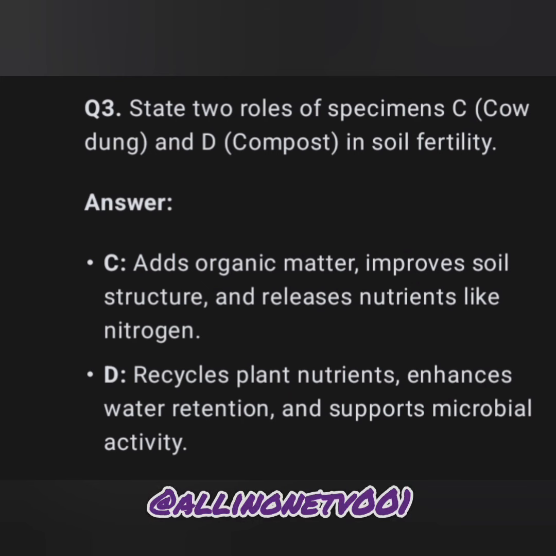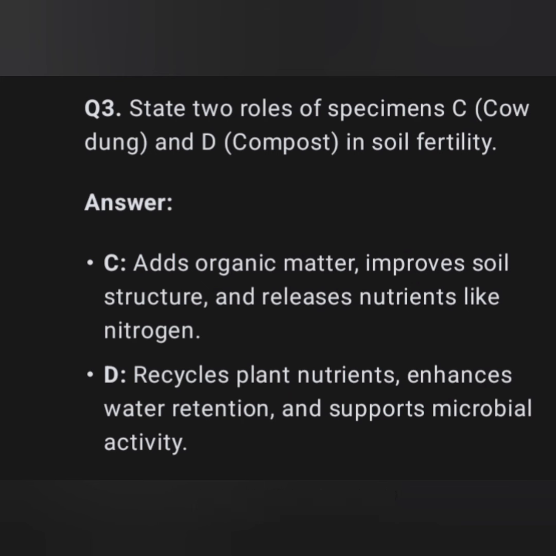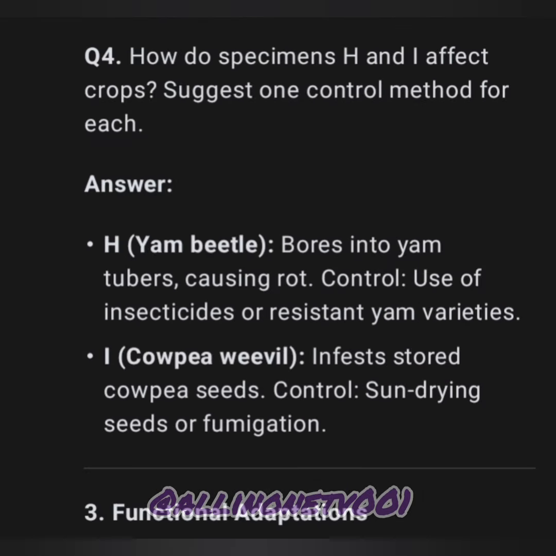Question 3, state 2 roles of specimen C, which is cow dung, and D, compost, in soil fertility. Answer: C, cow dung, adds organic matter, improves soil structure, and releases nutrients like nitrogen. D, recycles plant nutrients, enhances water retention, supports microbial activity.